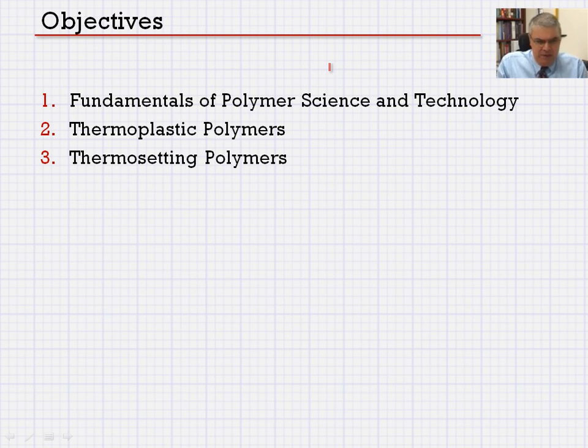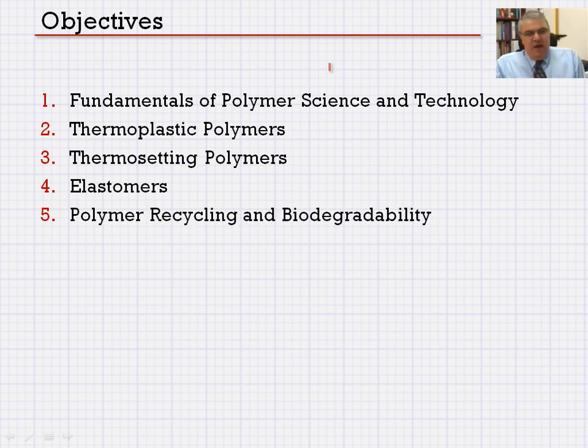Objective number 3 is thermosetting polymers. Objective number 4, elastomers, and 5, talking about the recycling and biodegradability, or the ability to recycle polymers. So these are 5 main objectives of polymer series.